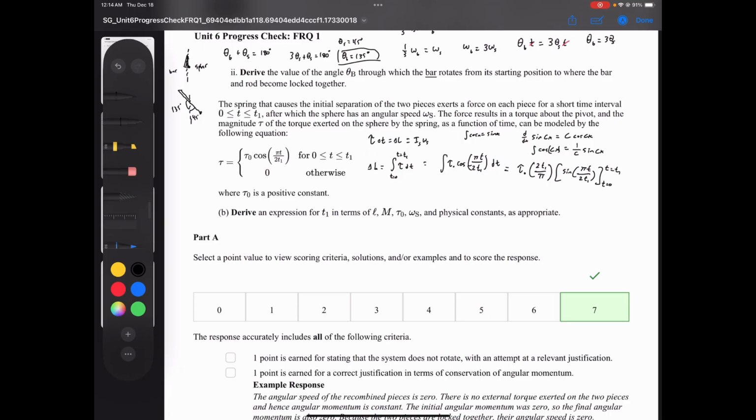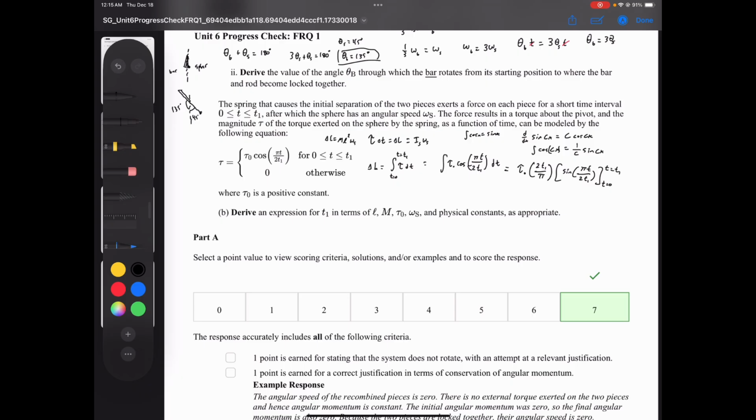Then I'm going to plug everything in. I know that the change in angular momentum of the sphere, delta L, starts off with 0, and then after the spring pushes on the sphere, it's going to have some angular momentum, m L squared times omega s.